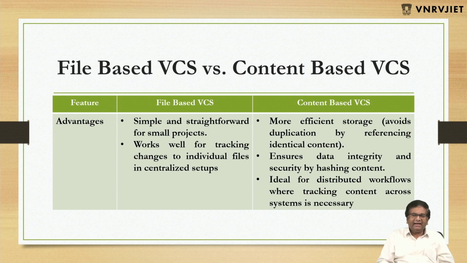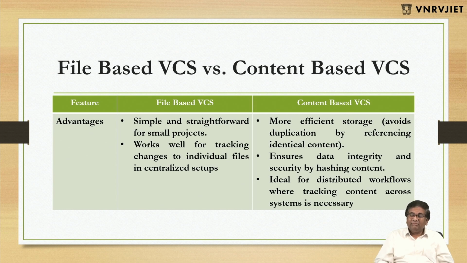Now another feature that we want to discuss is advantages. File-based systems are simple and straightforward for small projects. However, when collaboration is needed, it's going to be difficult. Again, file-based systems are easy to use and work well for tracking changes to individual files and centralized setups.